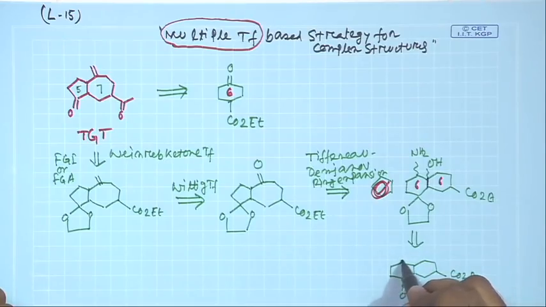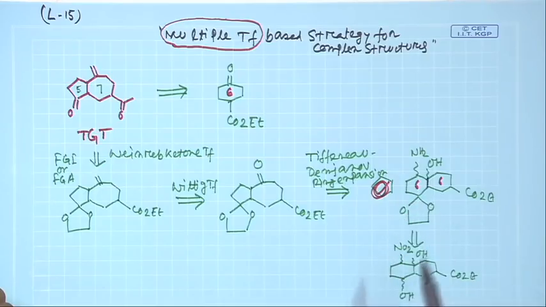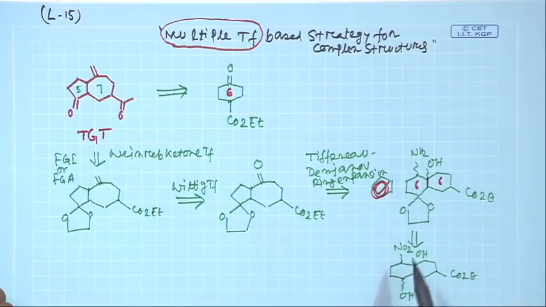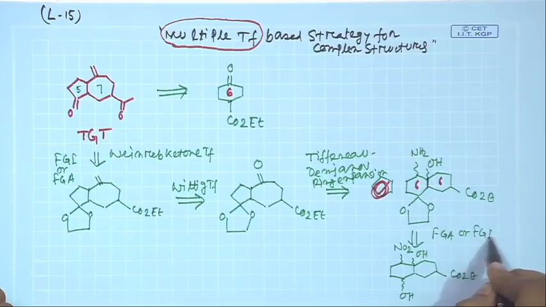We say that this alcohol will be oxidized to give the ketone, and then this will be protected. Here you have another alcohol, but there are differences. This is a secondary alcohol, this is a tertiary alcohol, and the amine group was thought to be prepared by reduction of a corresponding nitro group. So, this is purely a functional group addition or functional group interconversion.